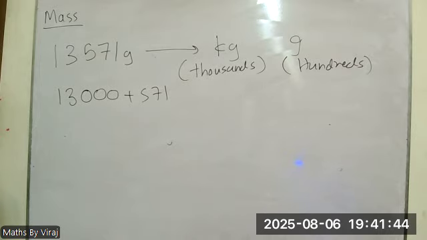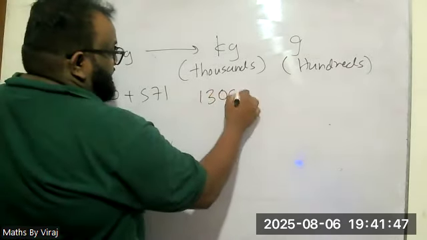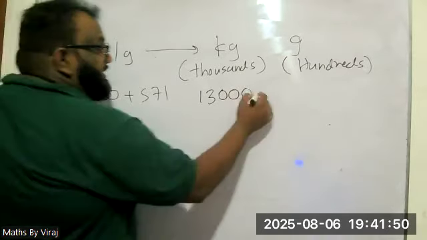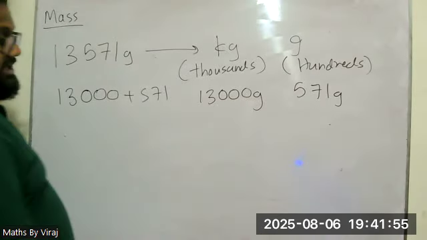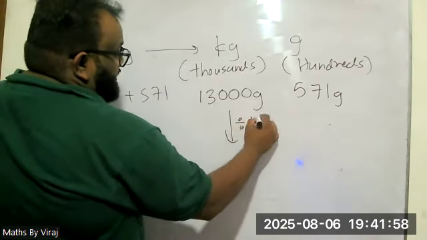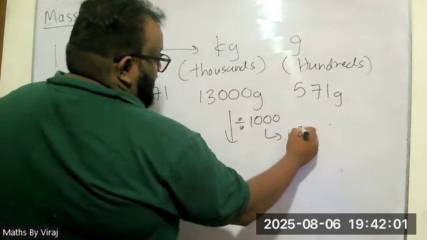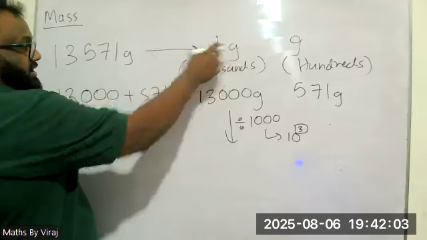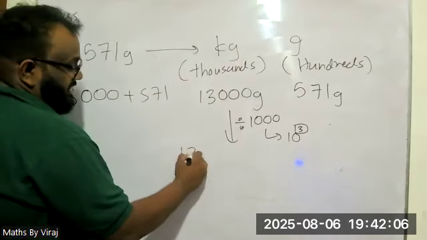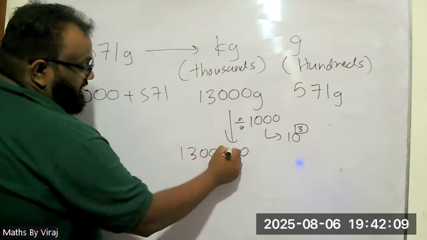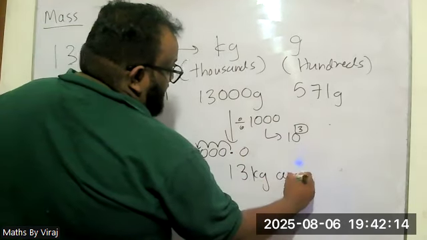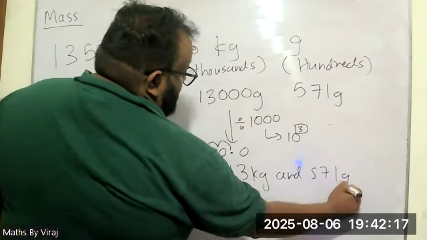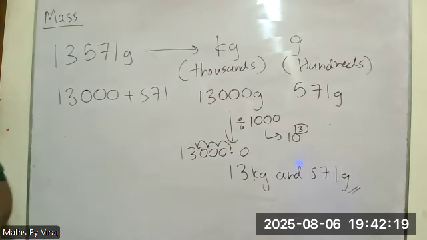Correct. So here we have 13,000 grams and 571 grams. Here you divide this by 1000. Again, remember 10 to the power 3. Small unit to large unit, we divide. So the decimal point moves 3 times backwards: 13 kilograms and 571 grams. Are we clear? Yes, sir. Take this down.